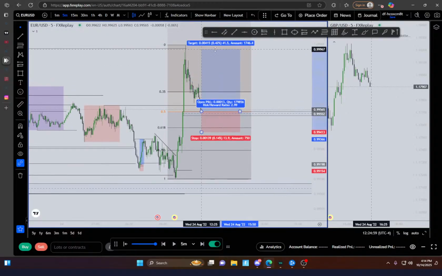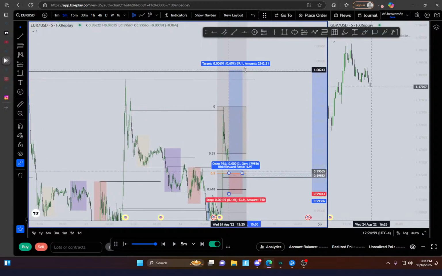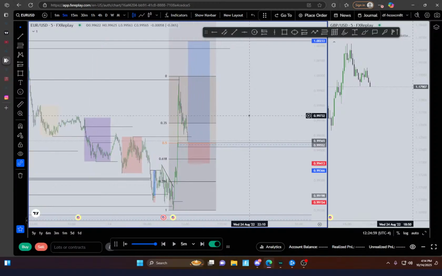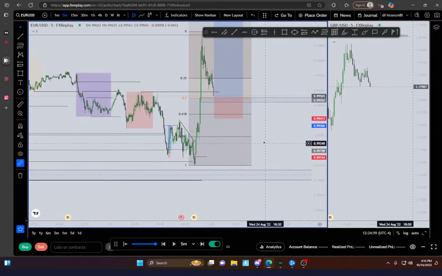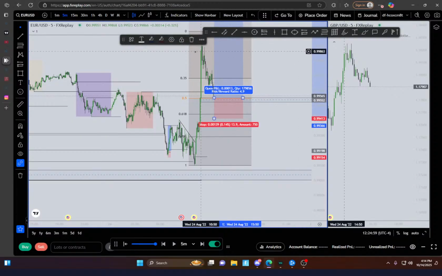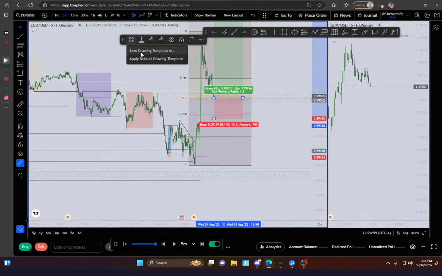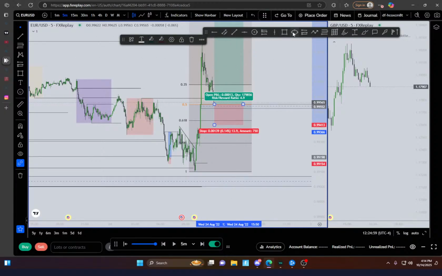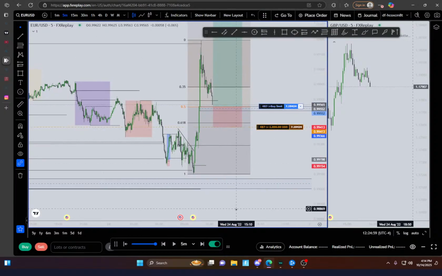It's a meaningful pullback, so we could target this high if we really want. Let's place it actually. Let's place this limit, 1,000.